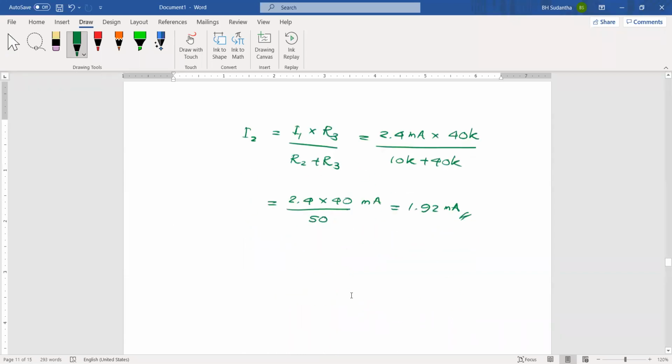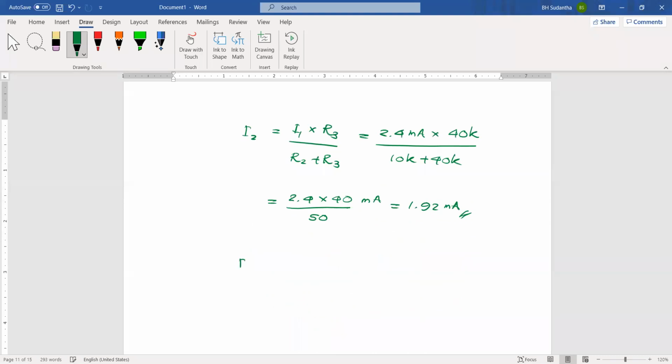Likewise, we can find I3. I3 is I1 times R2 divided by R2 plus R3. I1 is 2.4 milliamperes, R2 is 10K, and this is 10K plus 40K.